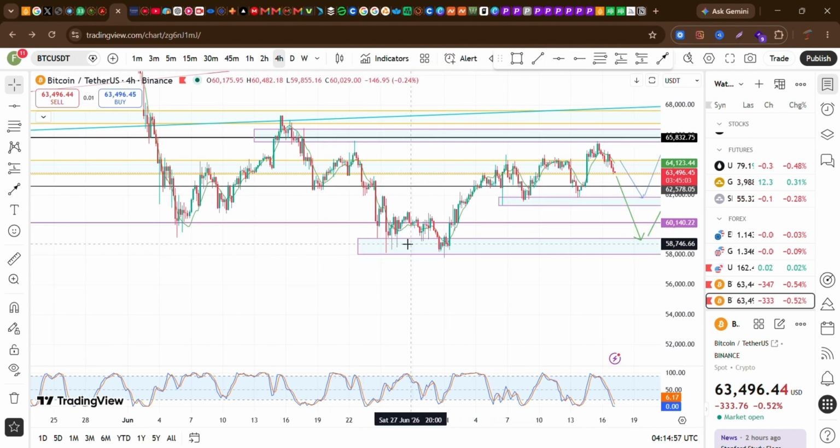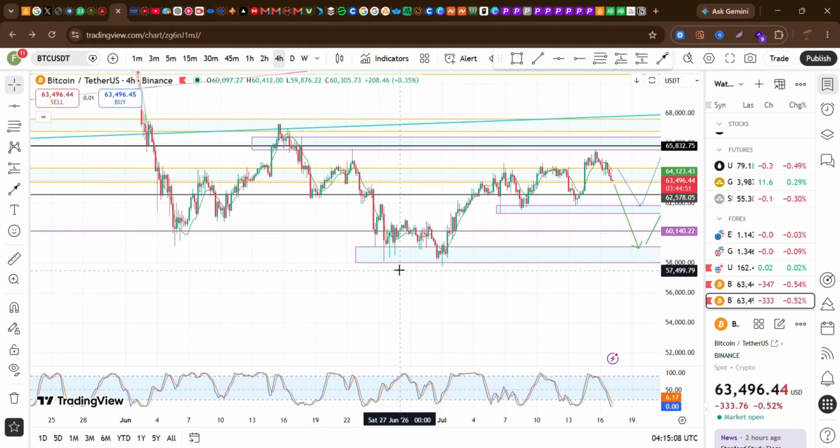But today we are not looking for manipulations. If you want me to do a video on how to spot manipulations and liquidity sweeps in the market, let me know, because this is a fantastic liquidity sweep. So we did a liquidity sweep here.